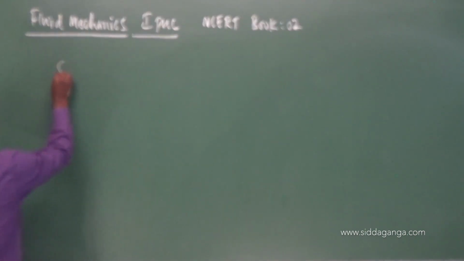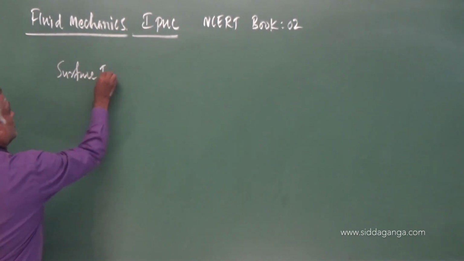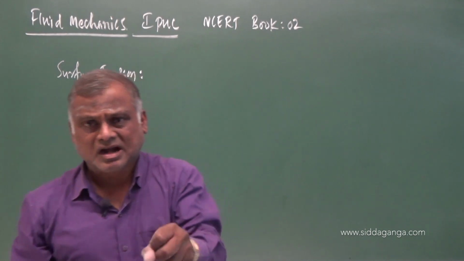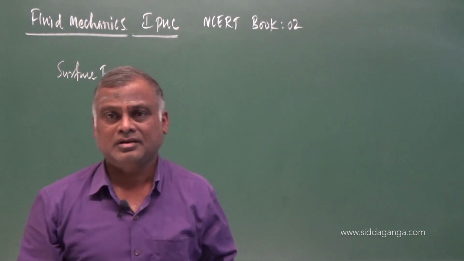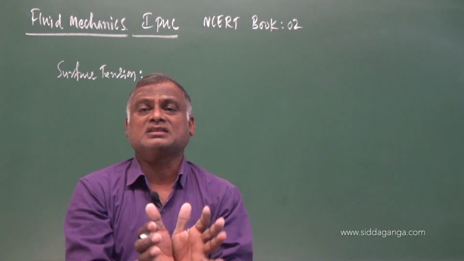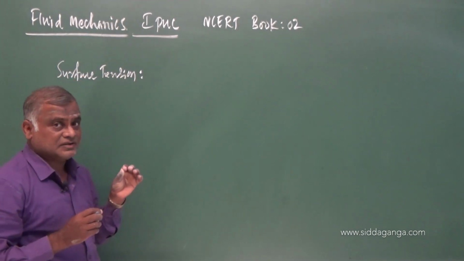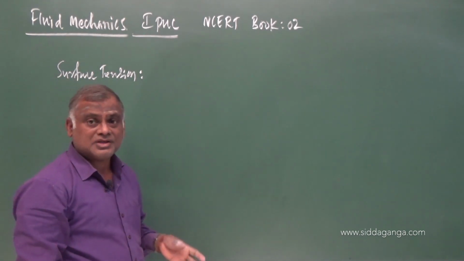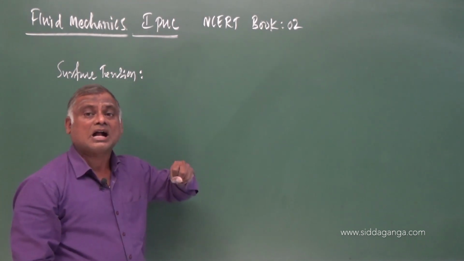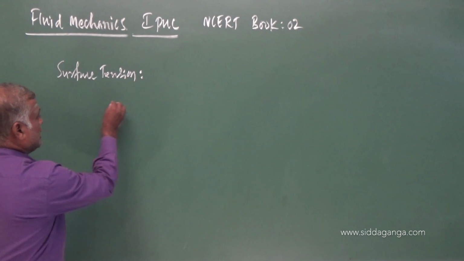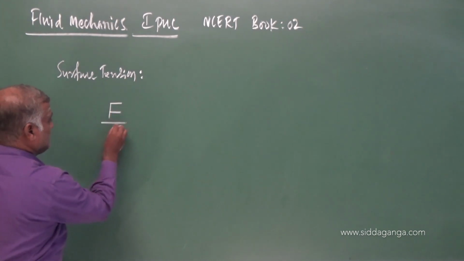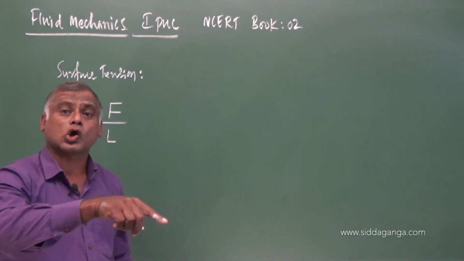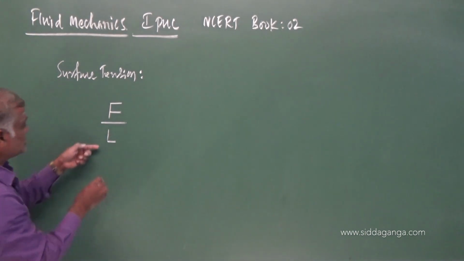Now, by the definition of surface tension, the free surface of liquid possesses some extra energy by which it contracts and acquires minimum surface area, and the tangential force per unit length perpendicular to an imaginary line drawn on the free surface of liquid measures the surface tension.